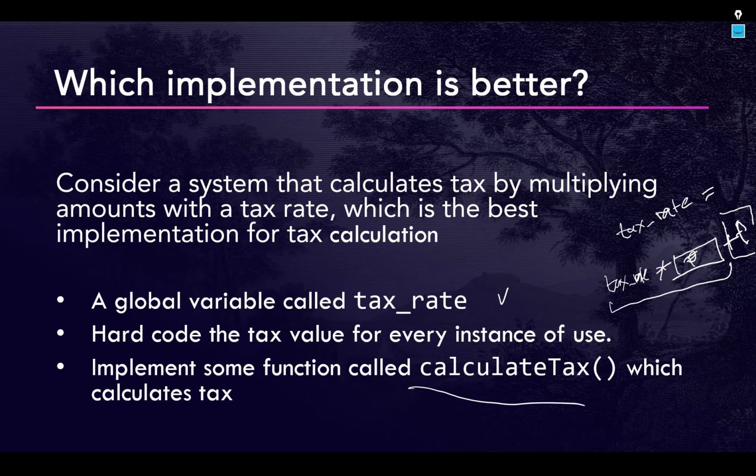Anytime that you need to calculate tax for a specific amount of money, all you have to do is call calculate tax. You don't even have to concern yourself about the actual implementation of the tax calculation, since you just have to use this deeply encapsulated, pretty abstract method called calculate tax.